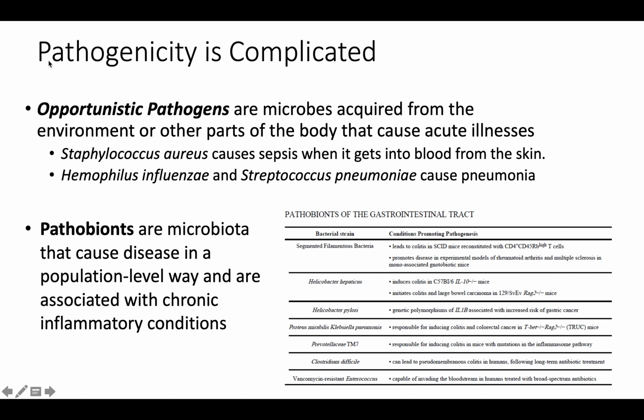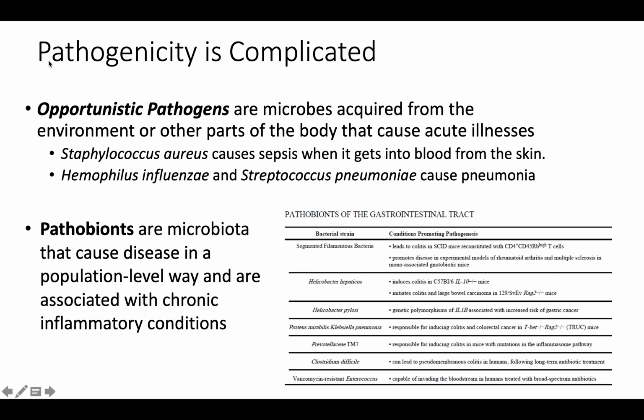Haemophilus influenzae and Streptococcus pneumoniae cause pneumonia. They may be present in our bodies, but once they hit the respiratory system and other factors such as the level of our immune response, they may cause problems.